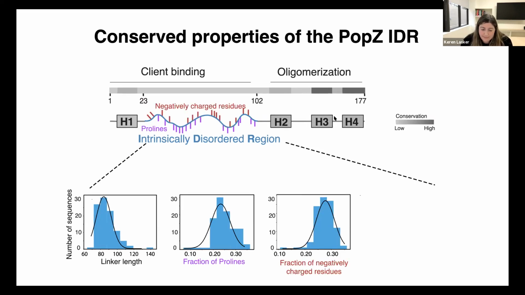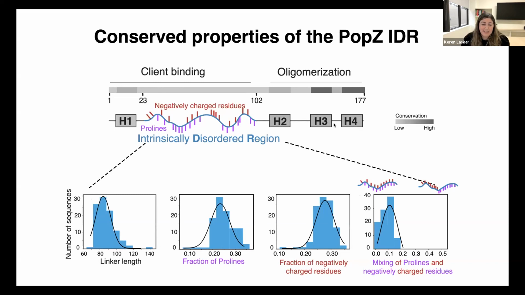Further, they have 25% of negatively charged residues. And finally, really nicely, there is a nice mixing between those prolines and negatively charged residues along the sequence. And this mixing is conserved. So we're starting to think that maybe these 4 properties are important for something. And when we started this project, we really didn't know what it's important for.